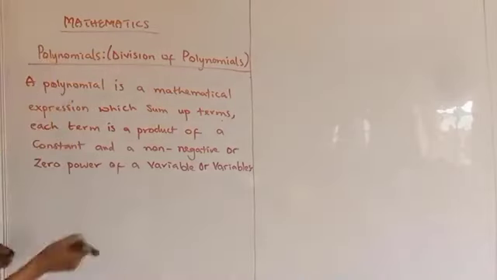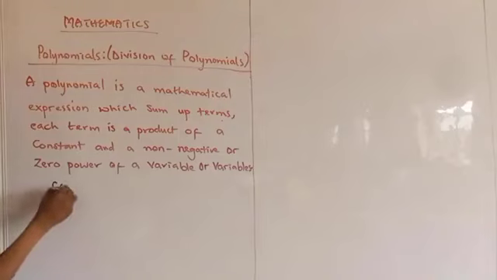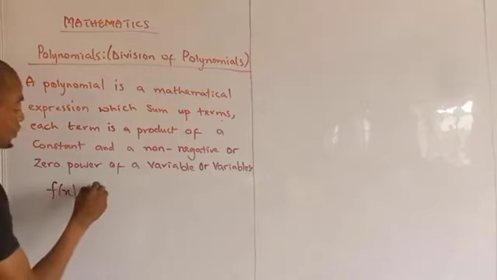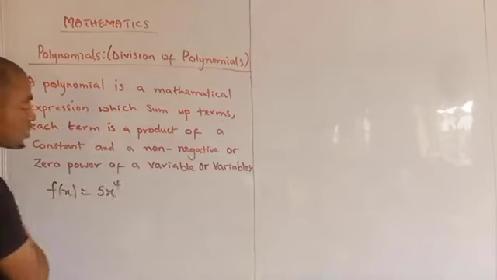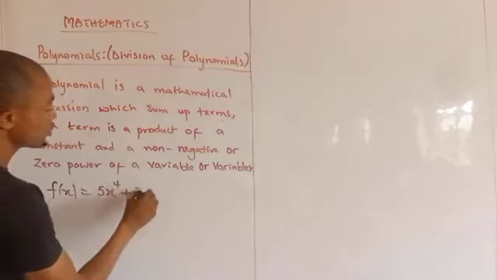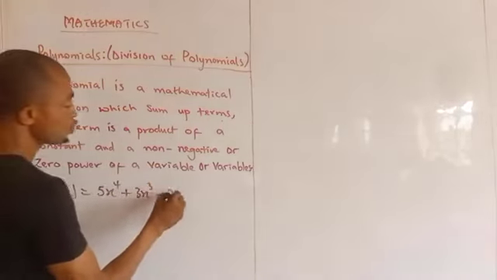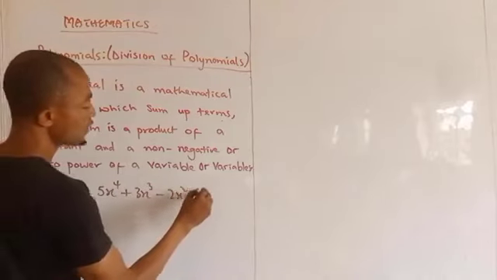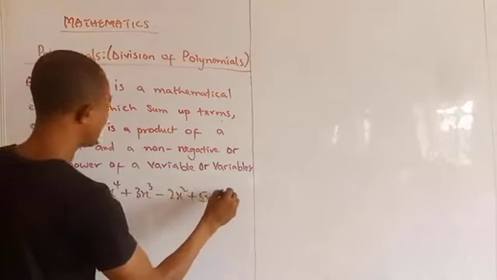So for instance, we have f of x equals 5x to the power of 4 plus 3x to the power of 3 minus 2x squared plus 5x plus 4.